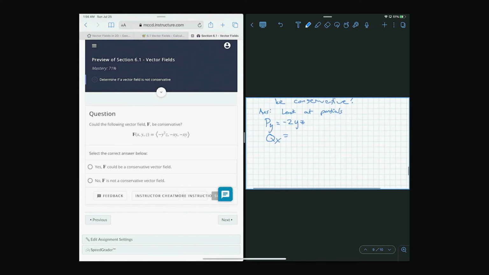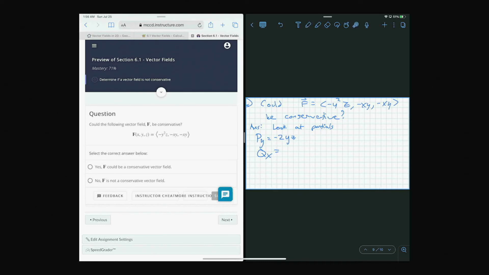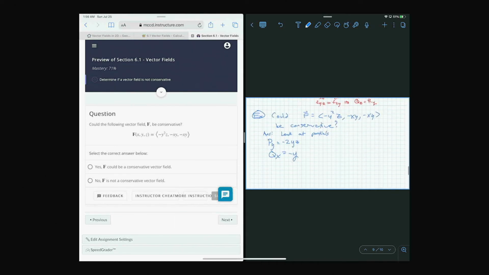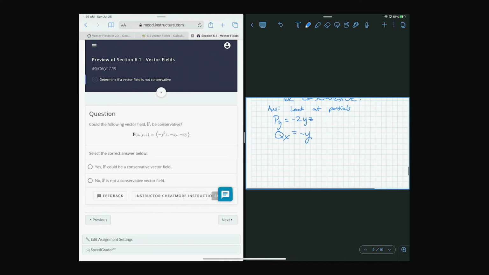Take the partial with respect to x, that's going to be negative y. Are those equal? No. The theorem says they would be equal if it was conservative.